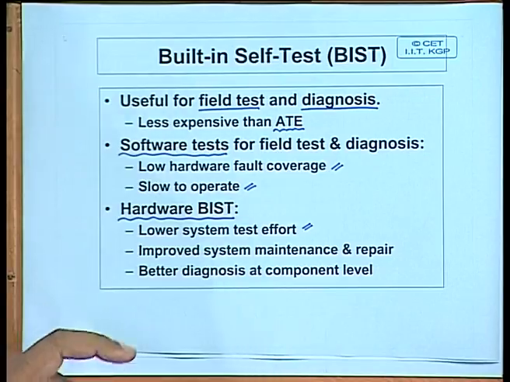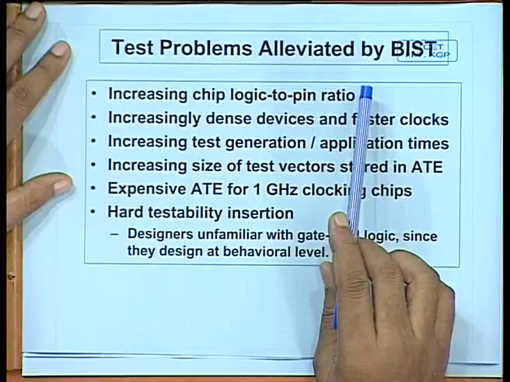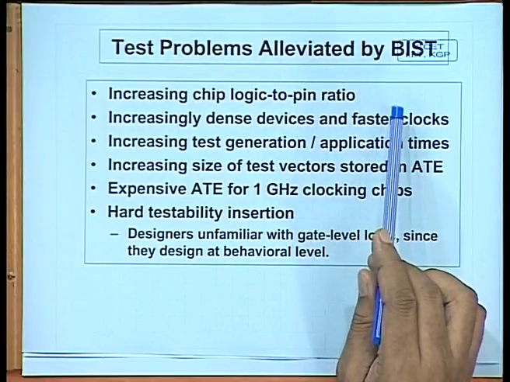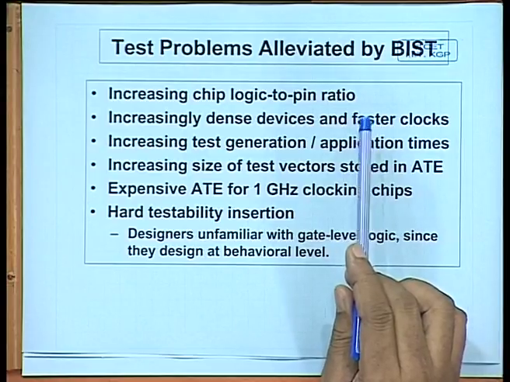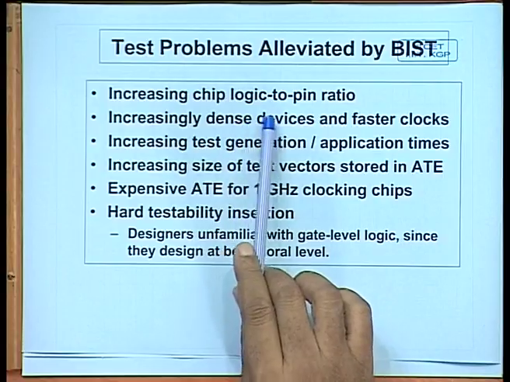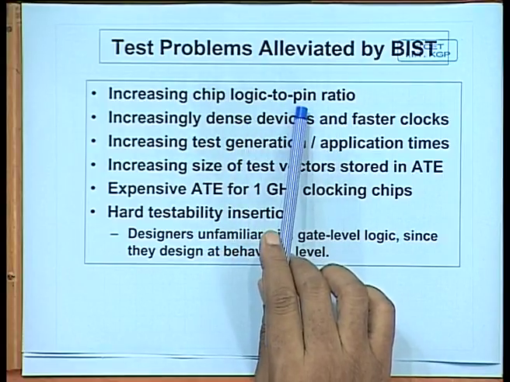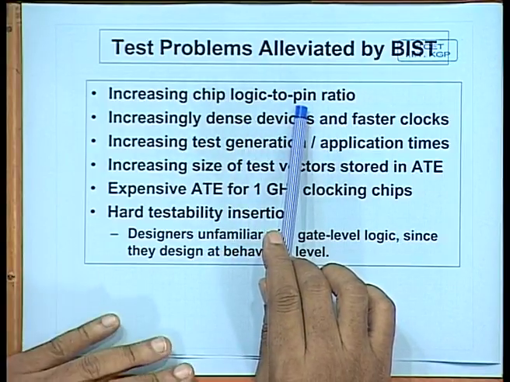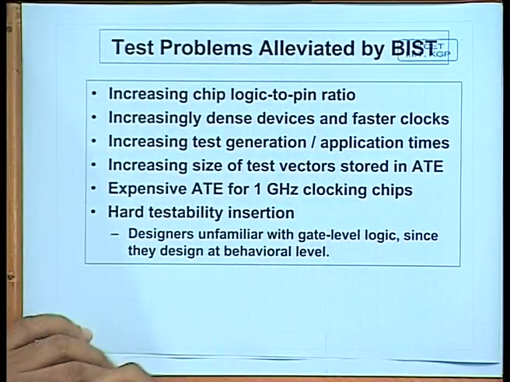Now let us see what the major test problems are that are handled in BIST techniques, which would otherwise pose a big problem to the test engineers. The major test problems alleviated by BIST are as follows. You know that the number of components in a chip is increasing day by day, but the number of pins of the chip is not increasing in the same proportion.